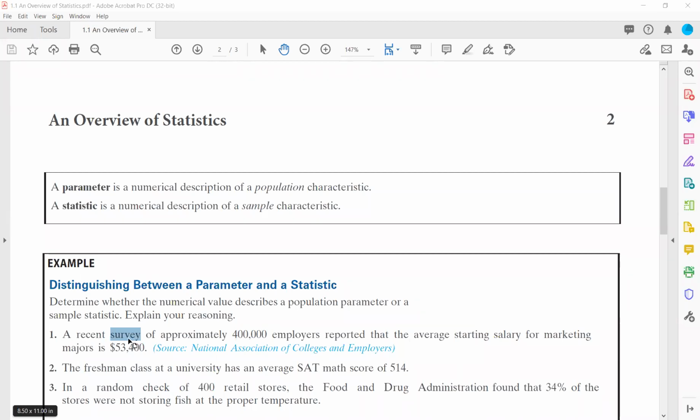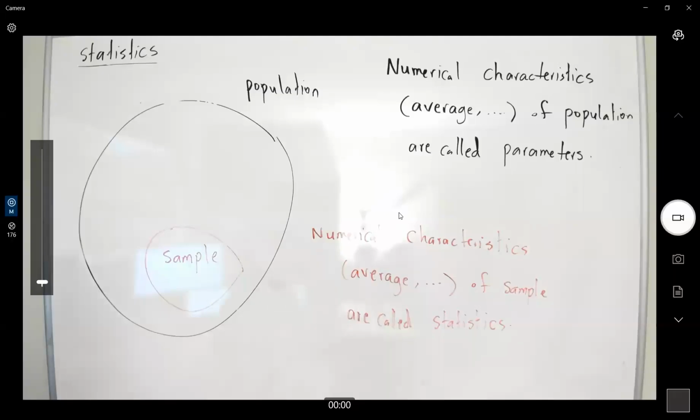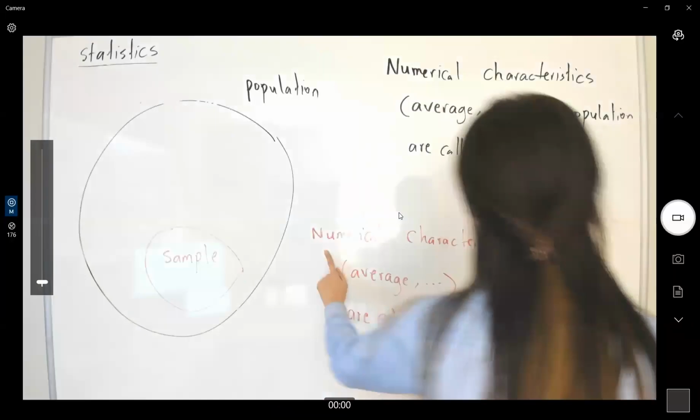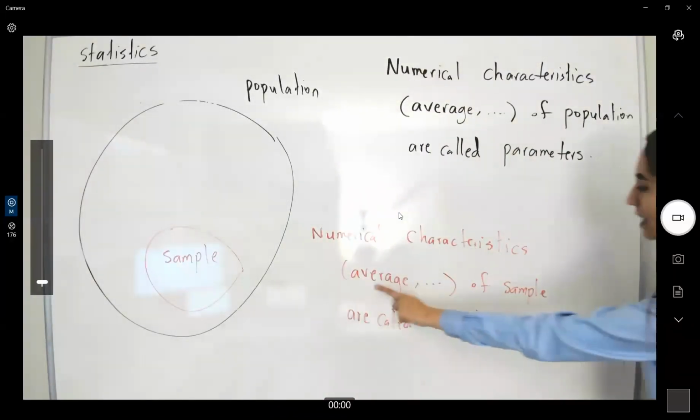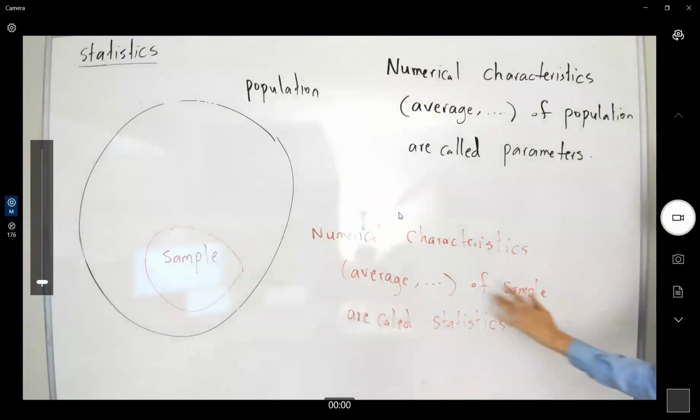Very well. Excellent, Kimberly. Survey is related to sample. When we have a sample, we have a sample statistic.